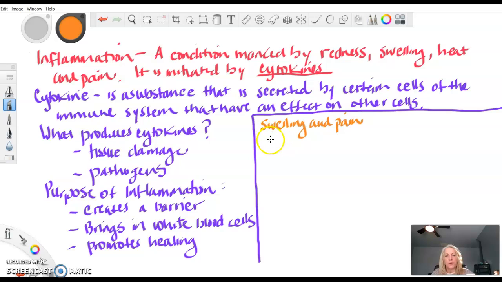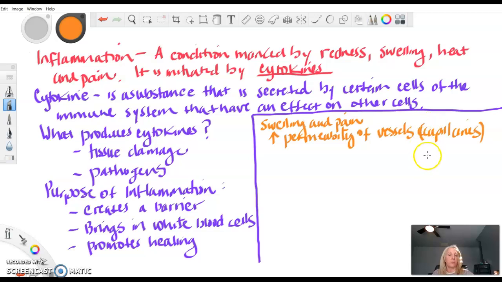Okay, so it increases permeability of vessels, capillaries. So it increases their permeability so that we can get white blood cells and proteins and things like that into the area.